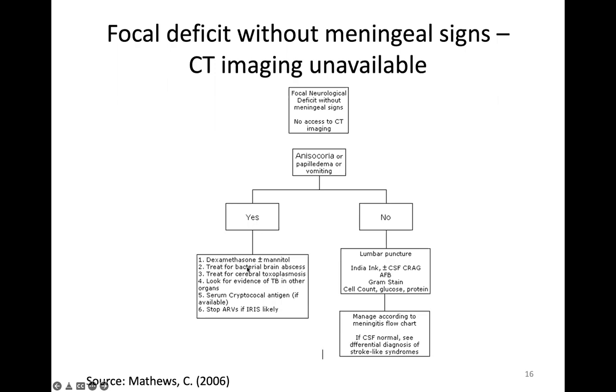You treat with antibiotics. You treat the top three things: bacteria, toxo, TB, and then depending on other things, you might need to treat for cysticercosis as well, and then if your serum CrAg comes back positive, you might want to treat for crypto as well.